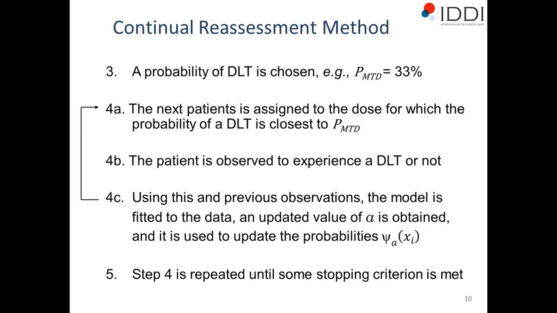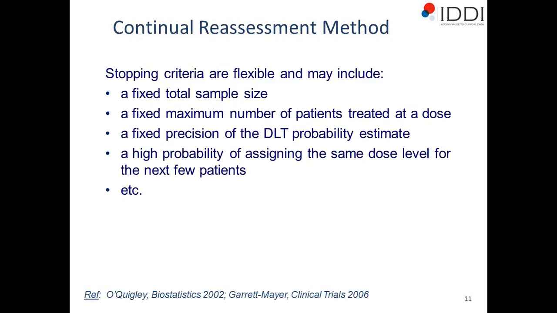Or you could decide that you stop the design when there's a fixed maximum number of the patients treated at a particular dose. You can have as a stopping criterion a fixed precision of the probability of the DLT estimate. You can look at the probability of assigning the same dose level for the next few patients, and if this probability is high, it would mean that you would essentially assign the same dose for the next patient, so you may as well stop, or other criteria.